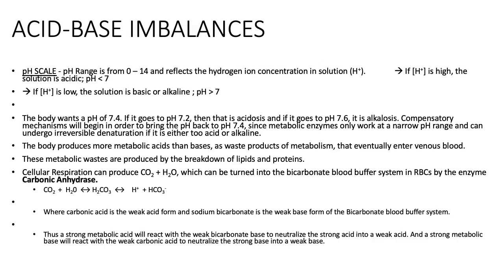The whole idea of buffer is that if you have a strong acid, the weak base form of the bicarbonate buffer system will neutralize it. 7 is neutral. And again, if you have a very alkaline byproduct, then that will couple with the weak acid form of the bicarbonate buffer system to get you back to a pH of 7.